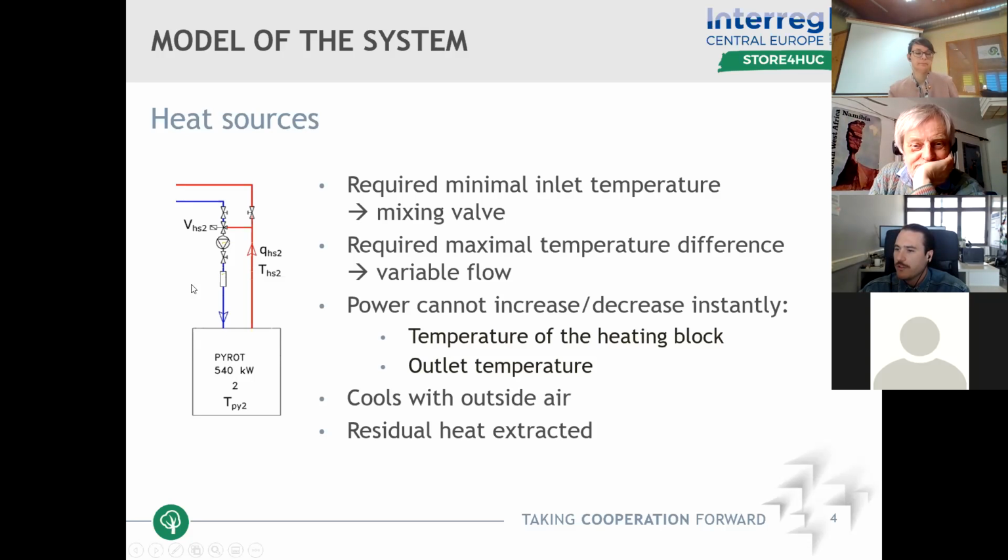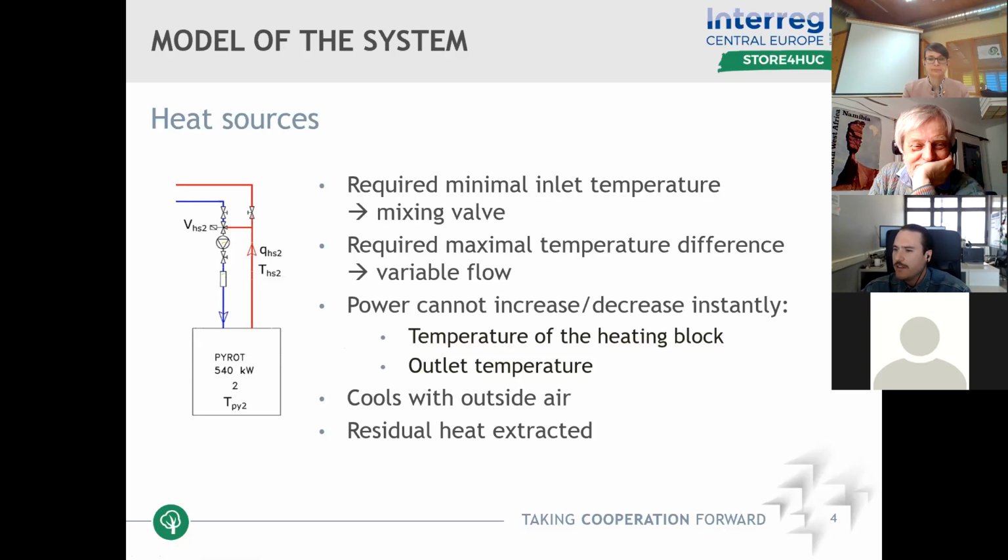We modeled this pump to run to extract all the residual heat from the boiler. So when the boiler shuts down, this steel inside it is still very hot, and by pumping water through the heat exchanger, all the residual heat can be extracted.